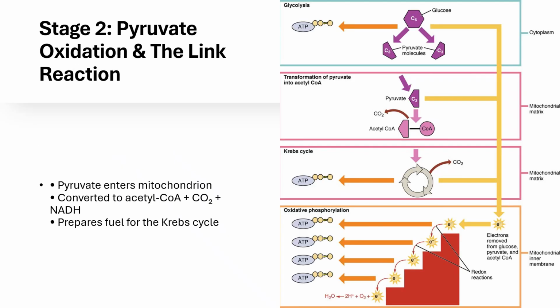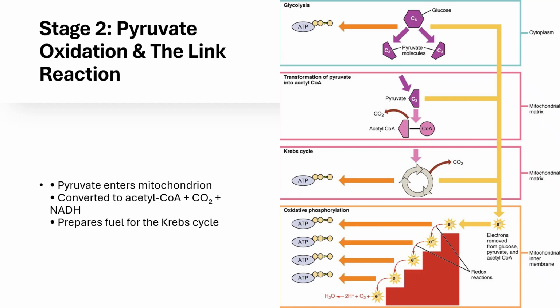Next up, pyruvate oxidation, also called the link reaction. The pyruvate molecules made in glycolysis enter the mitochondria, where each is converted into acetyl coenzyme A, releasing carbon dioxide and making NADH.